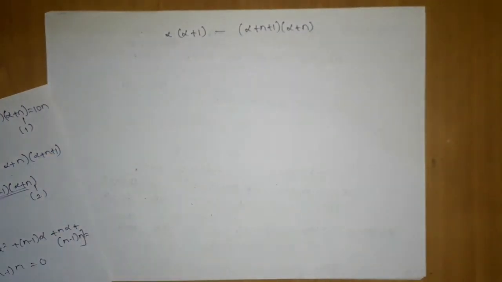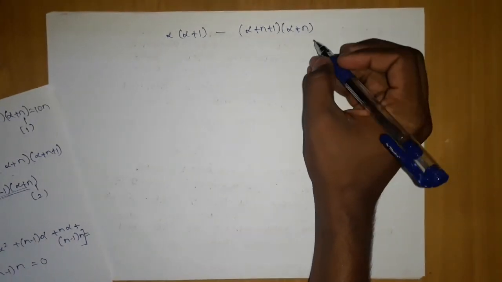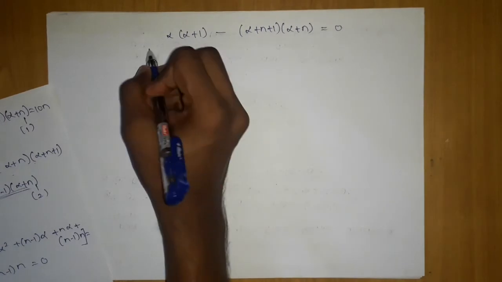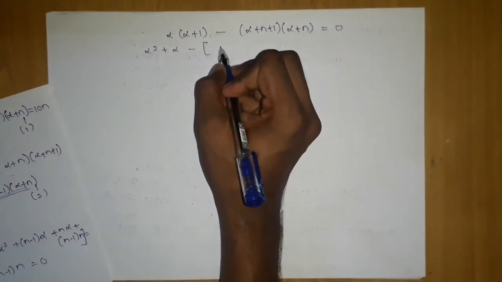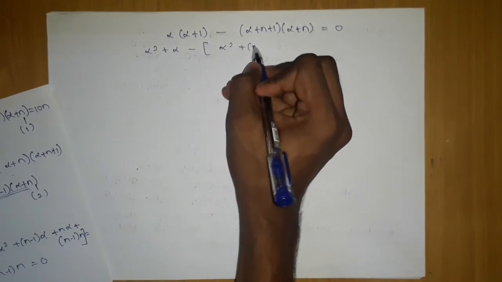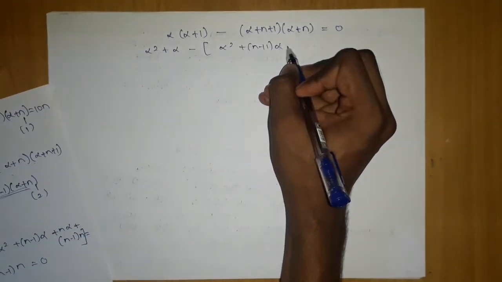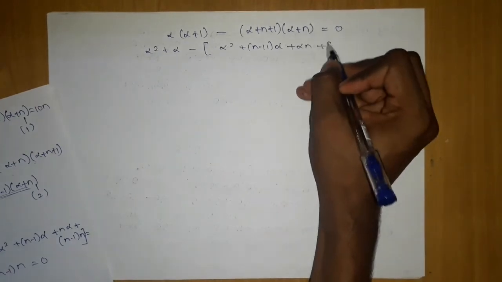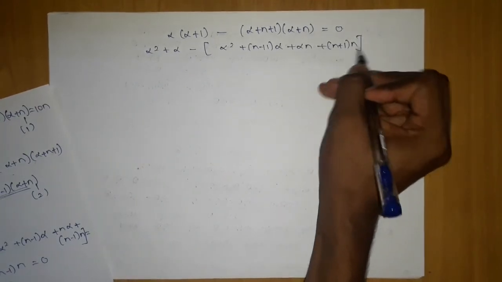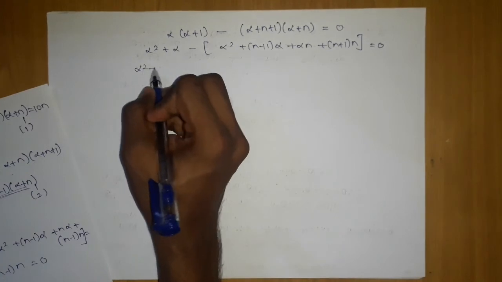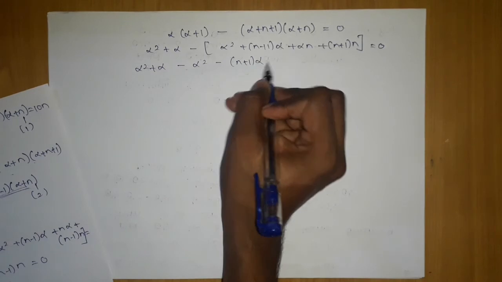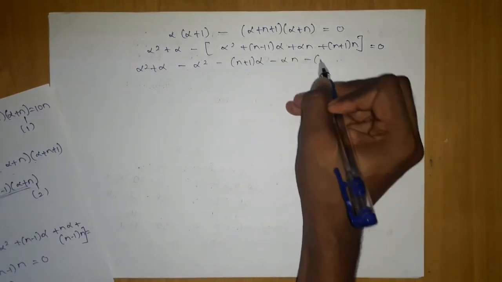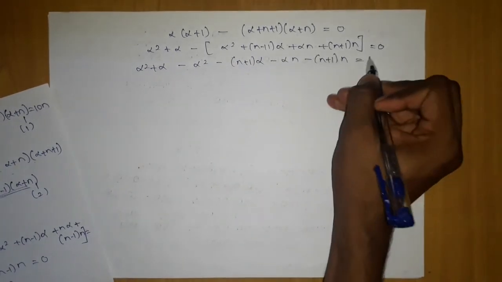If we simplify this finally, it should be equal to 0. If I open this, alpha square plus alpha minus, just keep this inside, alpha square plus n plus 1 alpha plus alpha n plus n plus 1 n, it should be equal to 0. Alpha square plus alpha minus alpha square minus n plus 1 alpha minus alpha n minus n plus 1 n should be equal to 0.